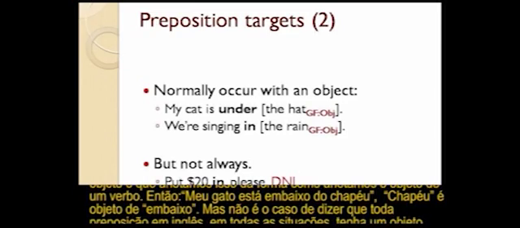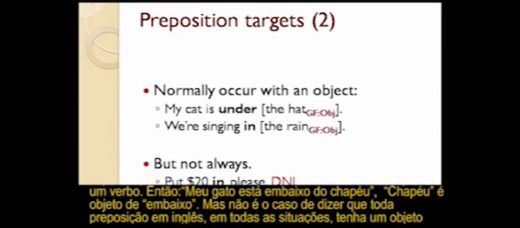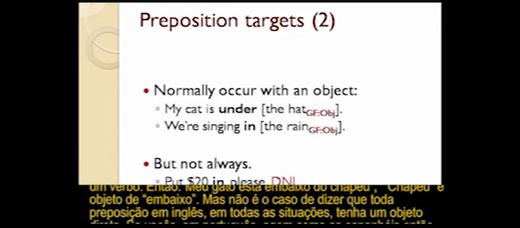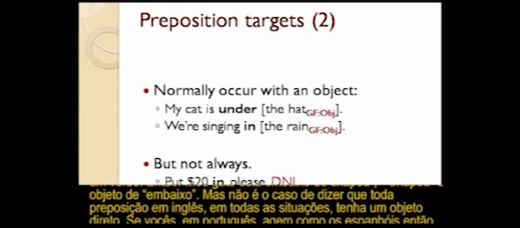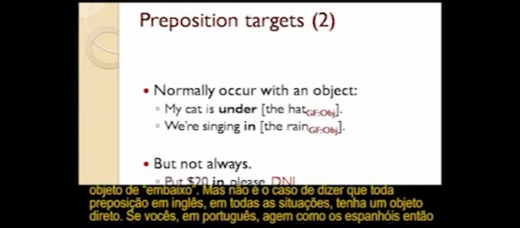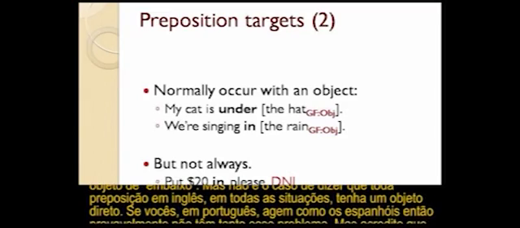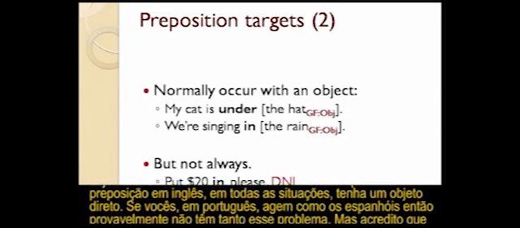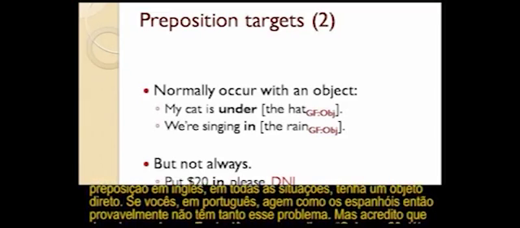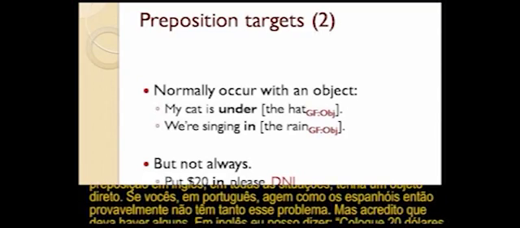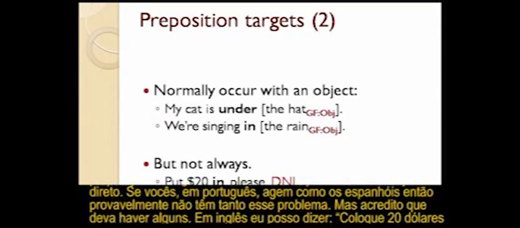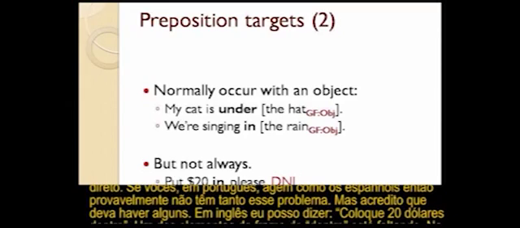Okay? But it's not the case that every preposition in English in all situations has a direct object. If you guys in Portuguese act like the Spaniards do, then you probably don't have this problem as much, but I know you have it at least some.